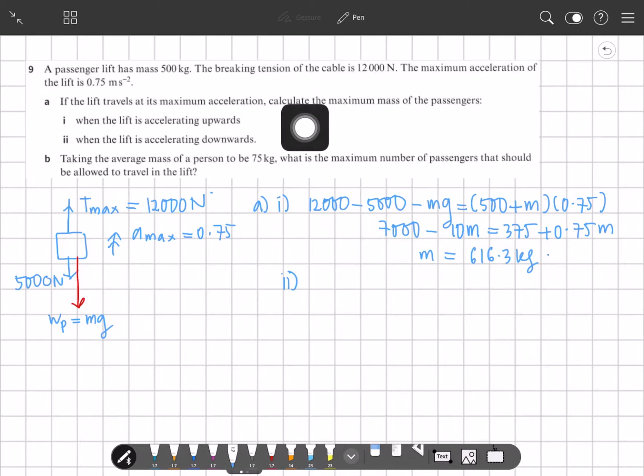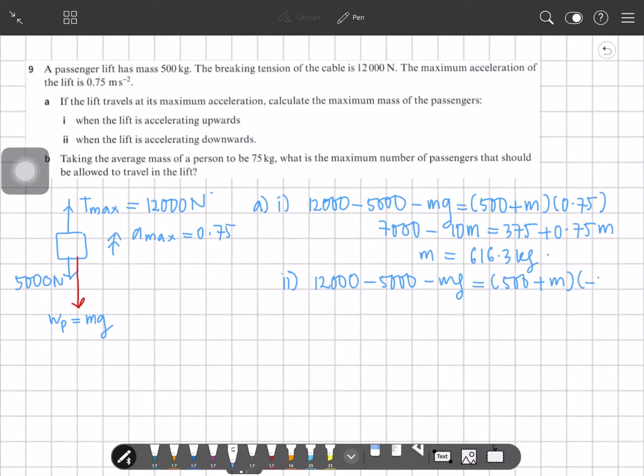For question 2 Roman, we want to find the maximum mass of the passengers when the lift is accelerating downward. So let's resolve the second part of it. So we have 12,000 minus 5,000 minus mg, referring to the weight of the passengers, equal to the mass of the lift, 500, plus the mass of passengers, multiplied by negative 0.75 for the acceleration.